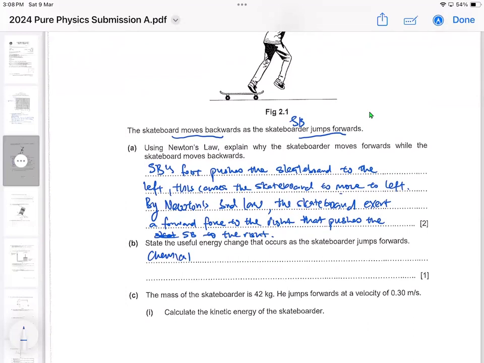Okay. Yeah, let me look for this. Okay, this is a mechanical energy.